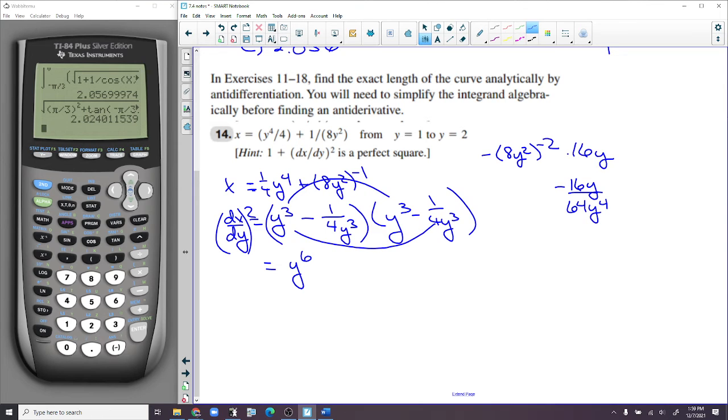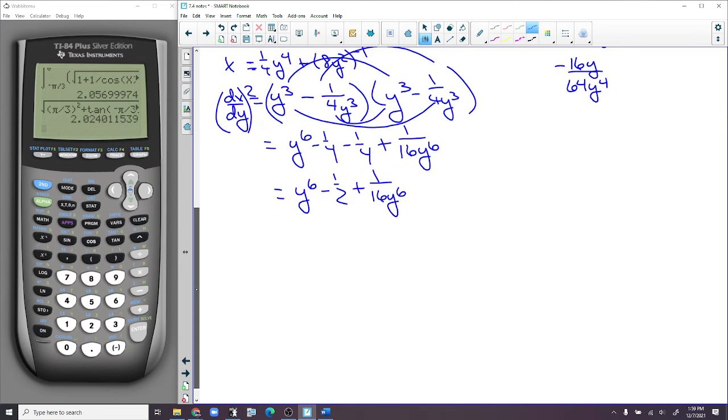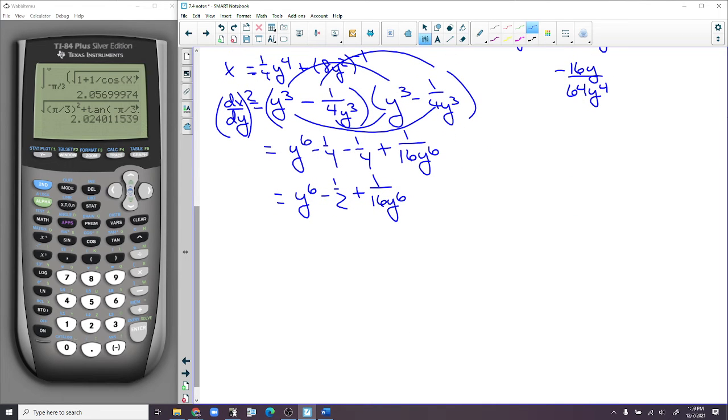Outside, the y to the thirds cancel, so minus 1/4. Inside, the y's cancel, so minus 1/4. And last is plus 1 over 16 y to the sixth. That's negative 2/4, which is negative 1/2. So we have y to the sixth minus 1/2 plus 1 over 16 y to the sixth. So we have the derivative squared now.